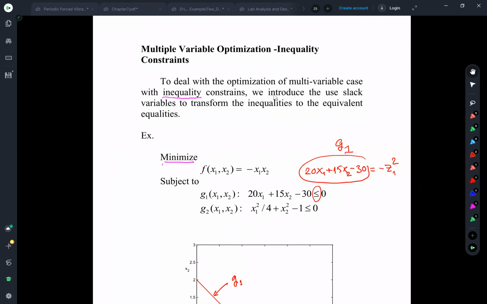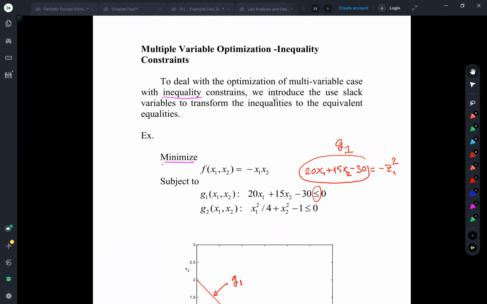I think last Monday, right? Monday we discussed multiple variable optimization with inequality constraints, and the only example I showed you was one example to show how we handle the case where there are many variables in your optimization problem.